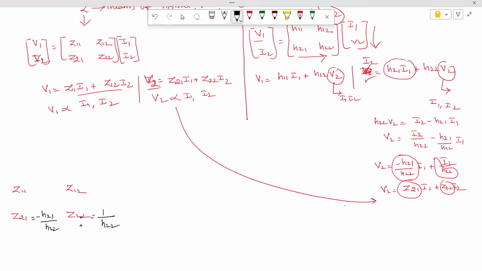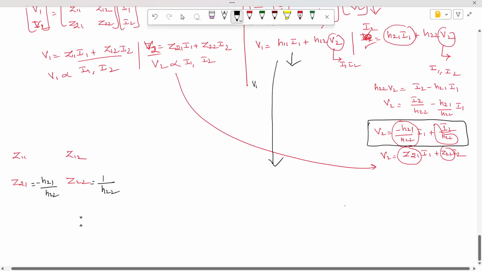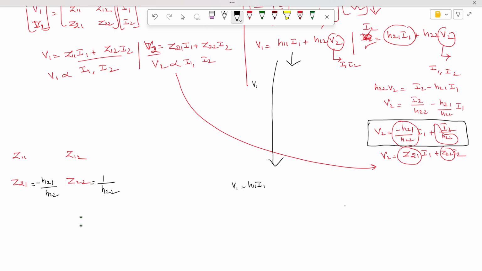Now you can see this V2 expression is in terms of I1 and I2. From this we can write V1. V1 is equal to H11 I1 plus H12 V2. What is the equation of V2 now? Minus H21 divided by H22 into I1 plus I2 divided by H22.